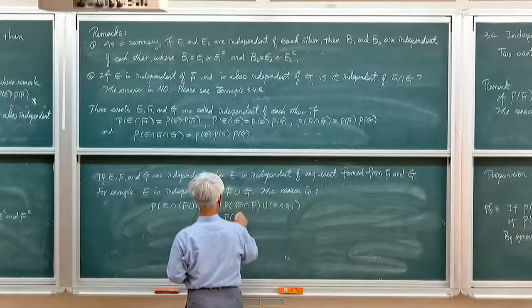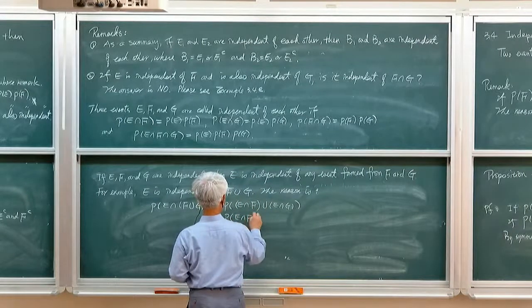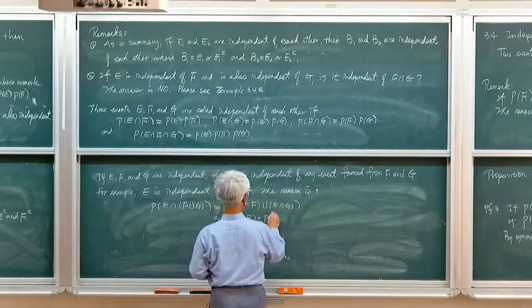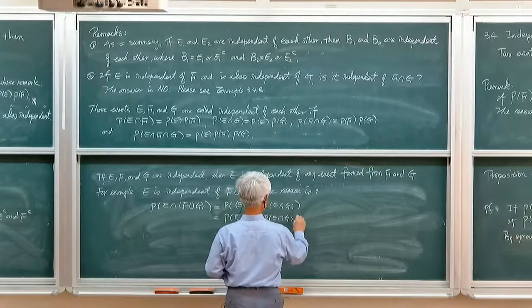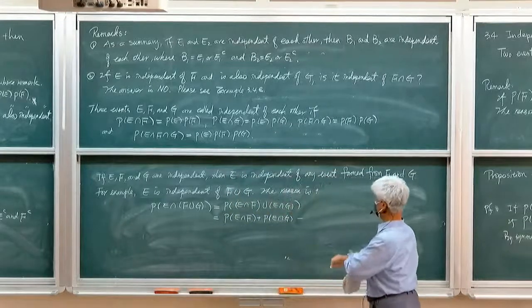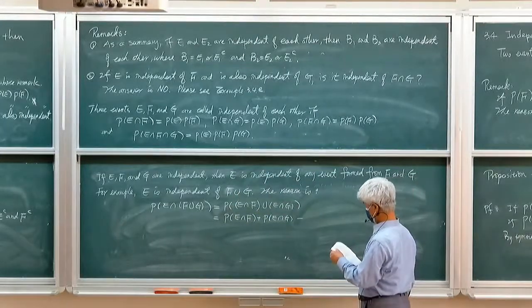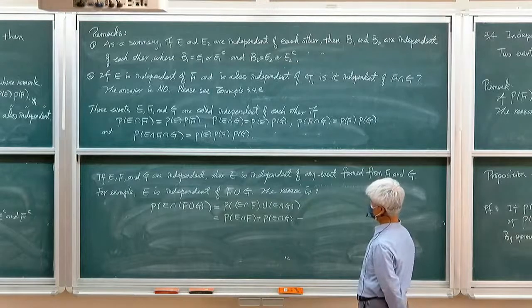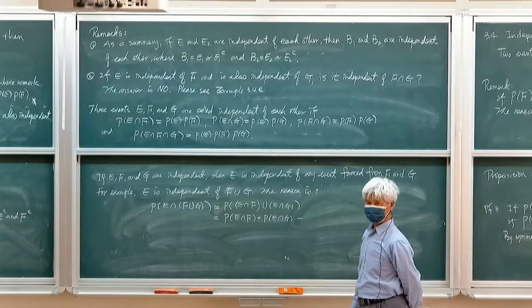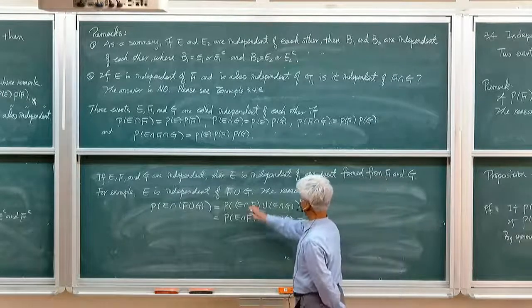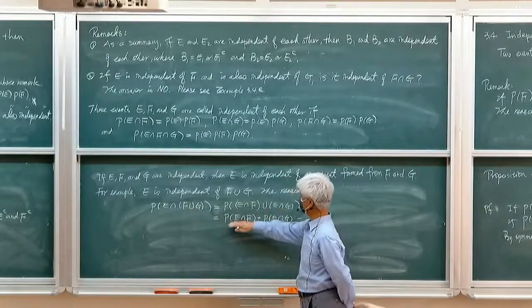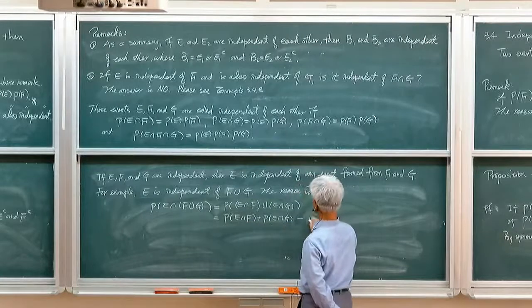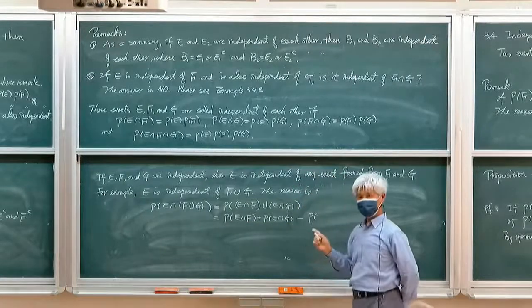And so by the inclusion-exclusion formula, this is P(E1) plus P(E2) minus P(E1 intersect E2).